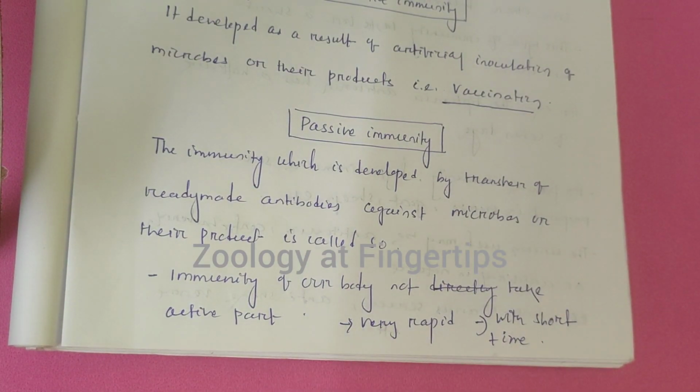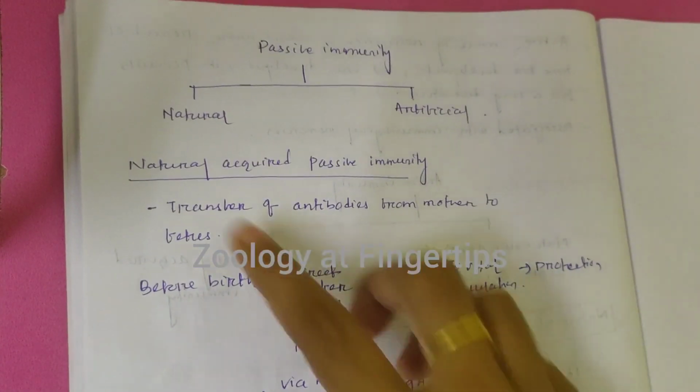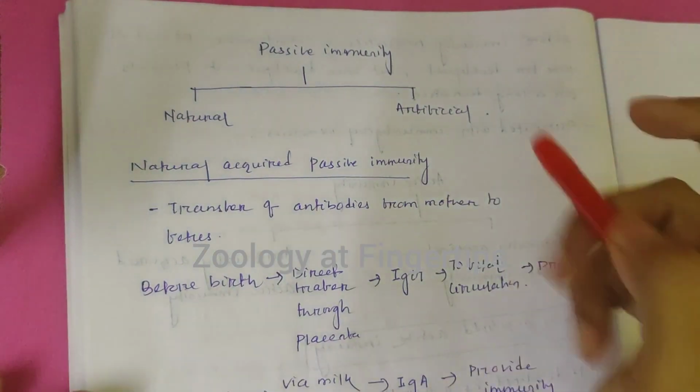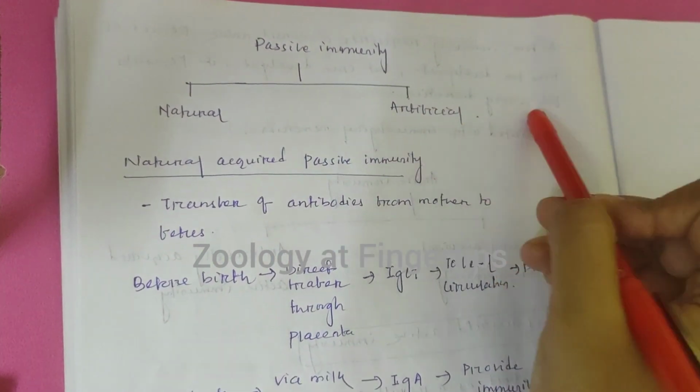So our immunity plays a passive role. It is a very rapid response because we have already given antibody, so it immediately provides effect, and within a short time it produces its effect. This is all about passive immunity, which is also divided into two types. One is naturally passive adaptive immunity and another one is artificially passive adaptive immunity.